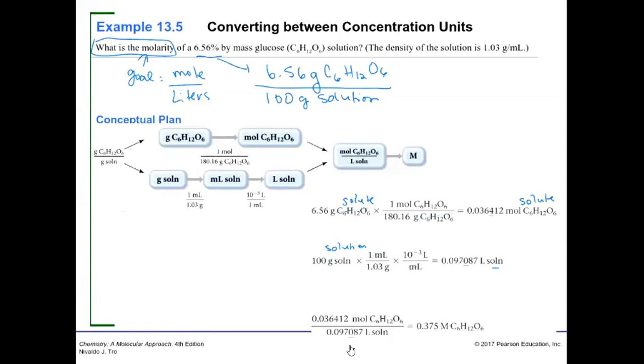The moles of the solute divided by the liters of the solution gives you the molarity. So if you're trying to memorize this step by step, it's going to be a lot harder than if you just learn how to use those problem-solving strategies that we've been using all semester, of looking at how can you turn the starting units into the goal units that you're trying to get.